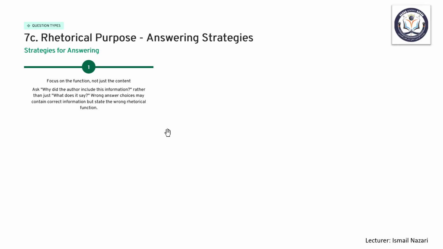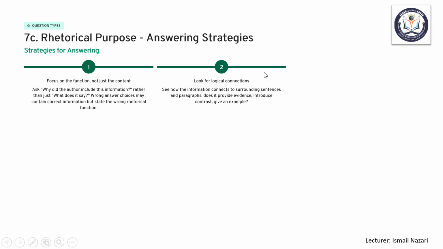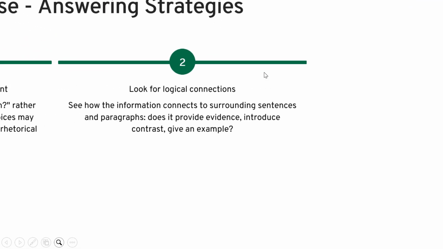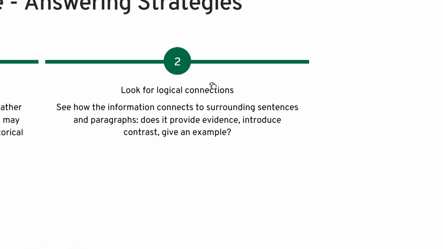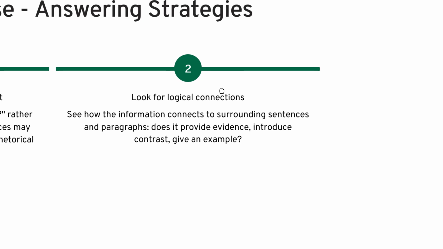The second way is to look for logical connections. See how the information connects to surrounding sentences and paragraphs. Does it provide evidence? Does it introduce a new topic? Does it introduce a new idea? Does it contrast another point?